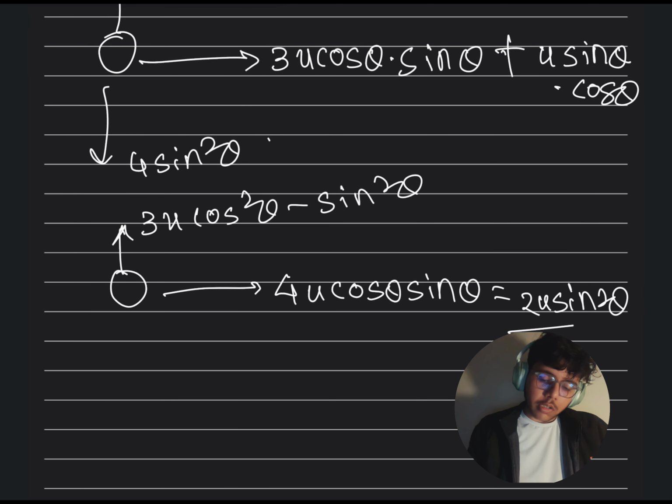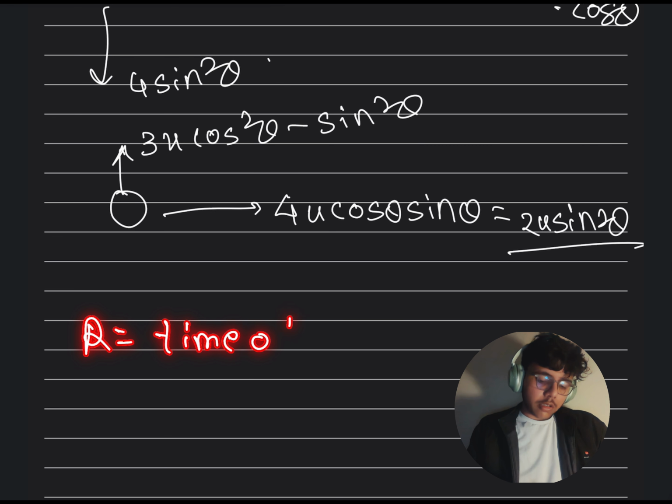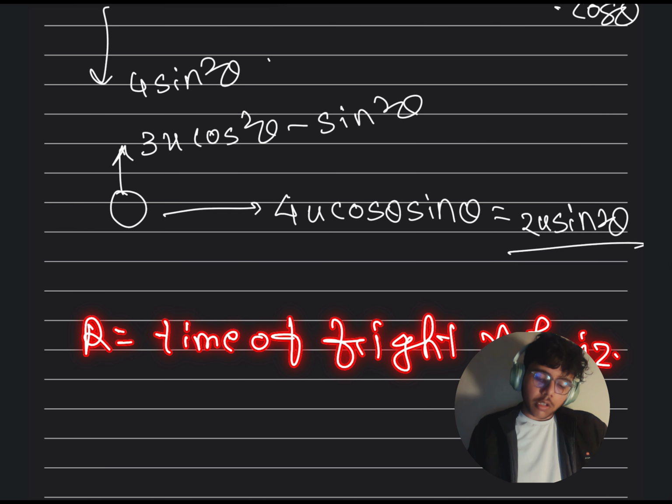Now we know that the range equals time of flight into horizontal velocity. This is the formula for range.